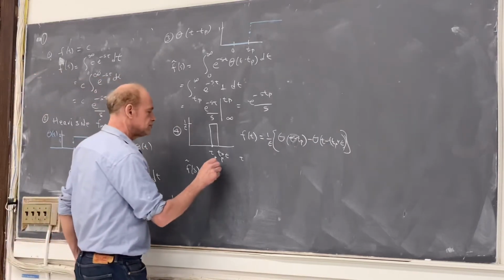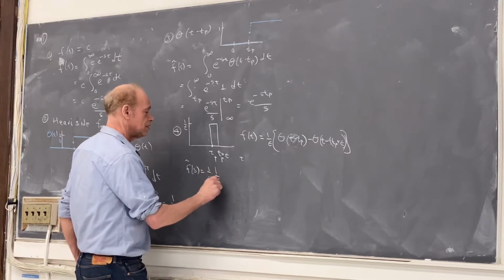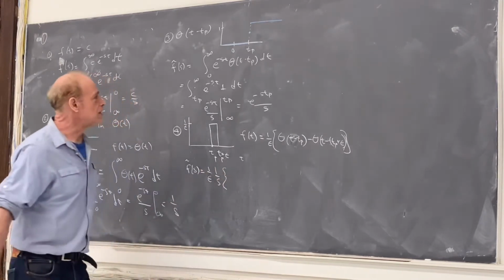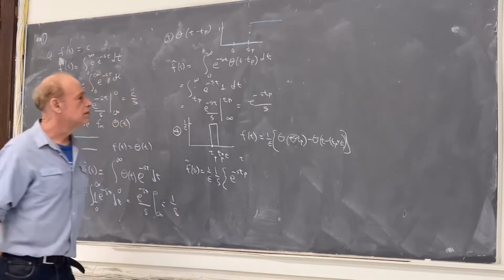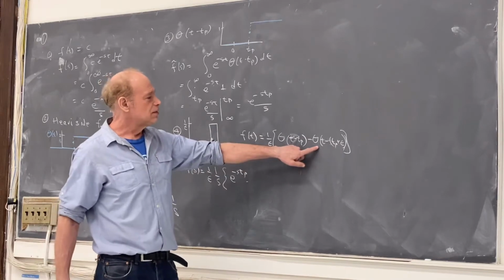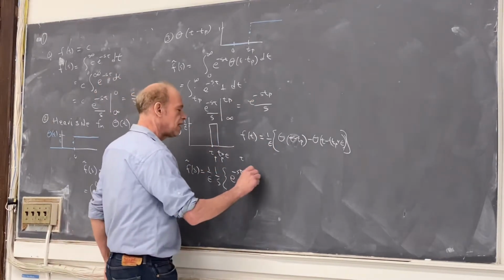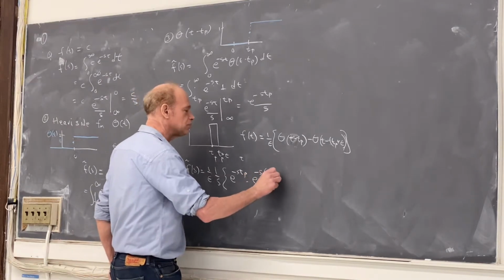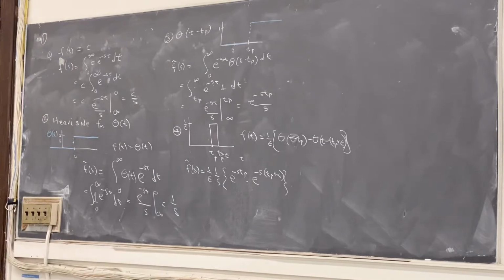That's just 1 over s times e to the minus s Tp. And then I've got the transform of this, which is again 1 over s times e to the minus s (Tp plus epsilon). Is that clear?